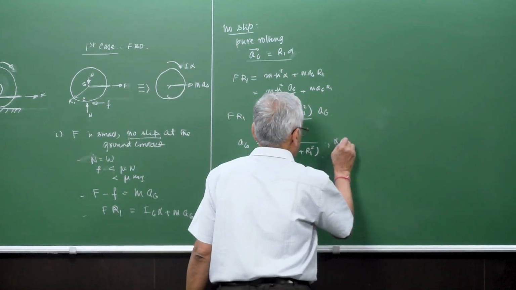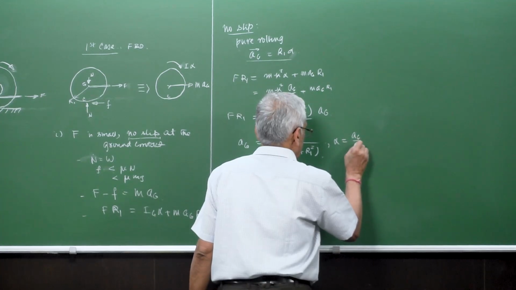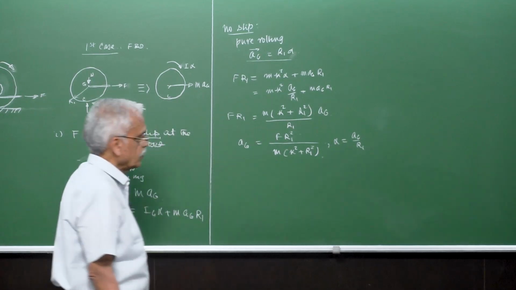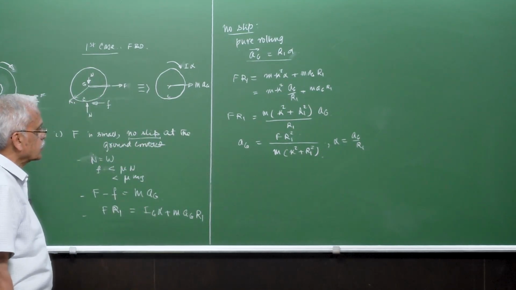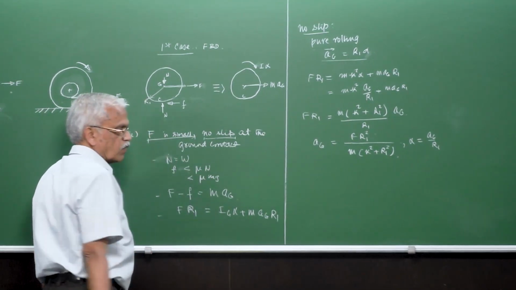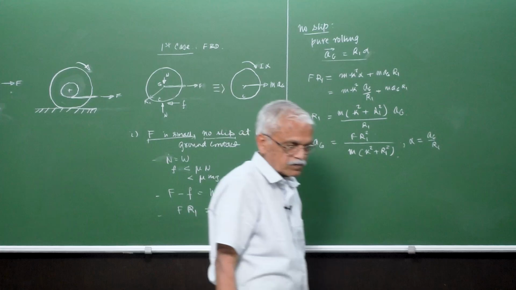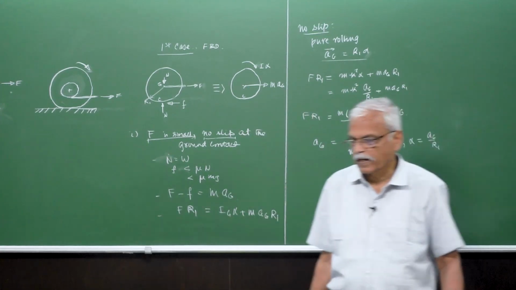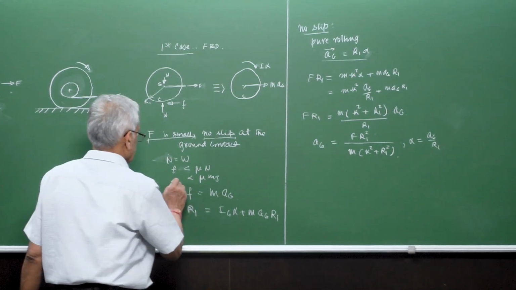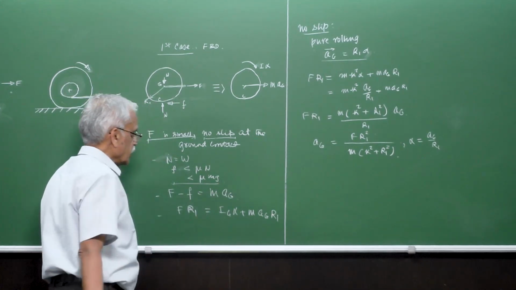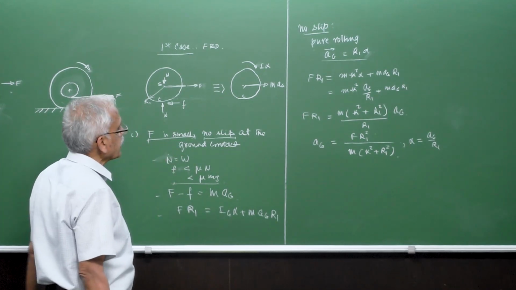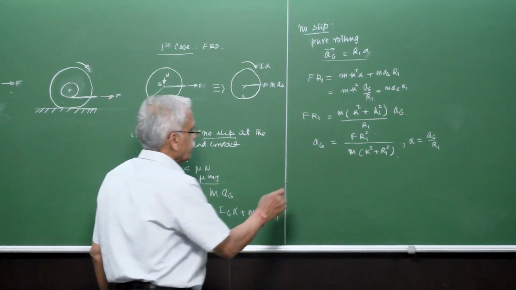You can also find out the angular acceleration here. When we said that F is small, the question is how small is this F? This is small as long as there is no slip. So it is possible that the friction that is necessary here, in fact we can even calculate f here.